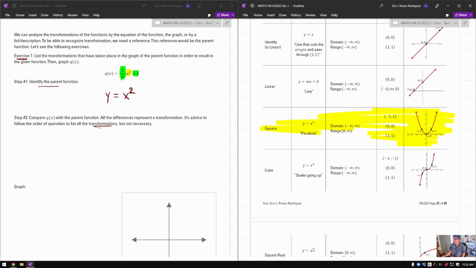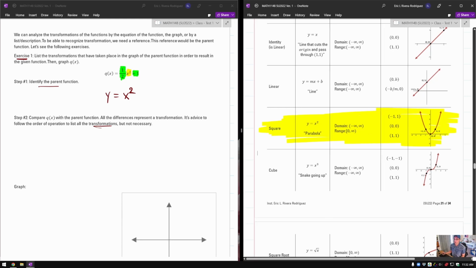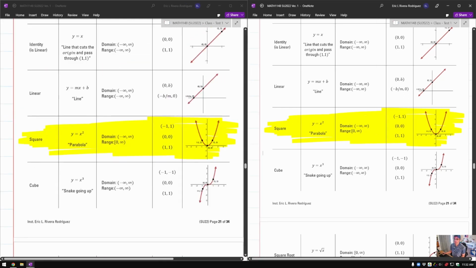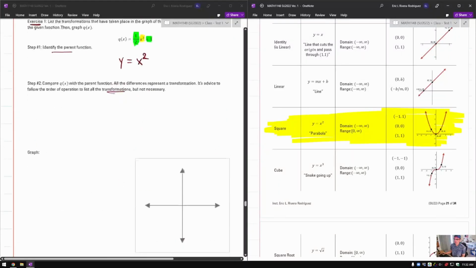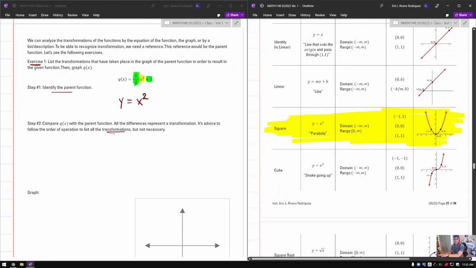So we have identified the square function here. So now we know that q of x is based on the parent function, the square function. Okay? So that is what you are going to do to identify the parent function of the equation.